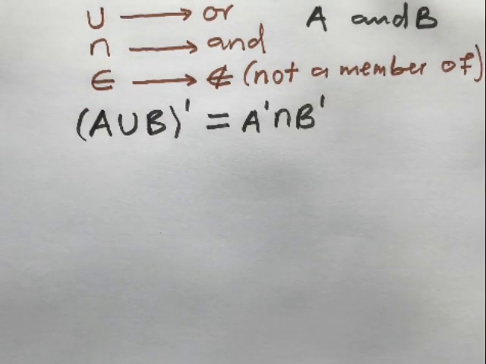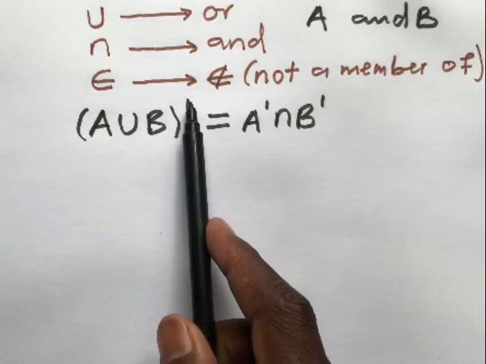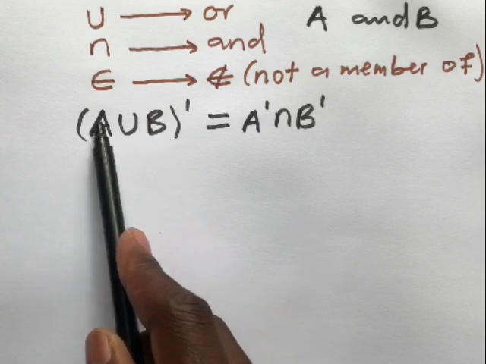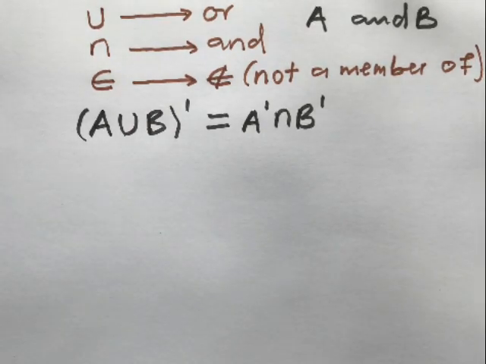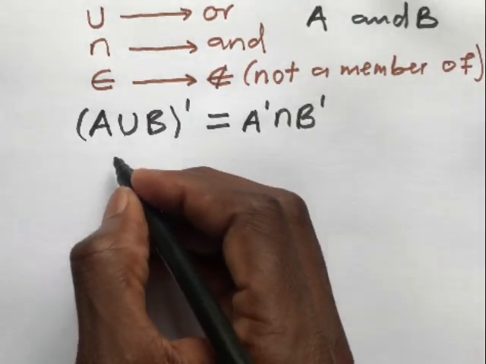That's what De Morgan's law is all about, meaning that distributing this complement on these two sets changes the sign in the middle. That is the first type of De Morgan's law.